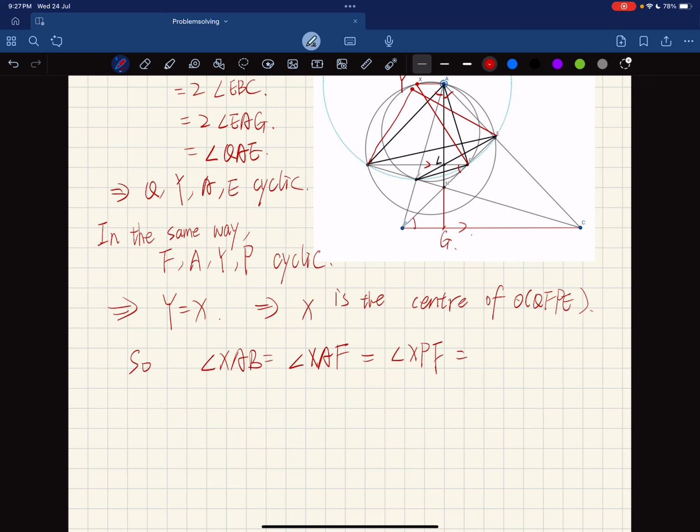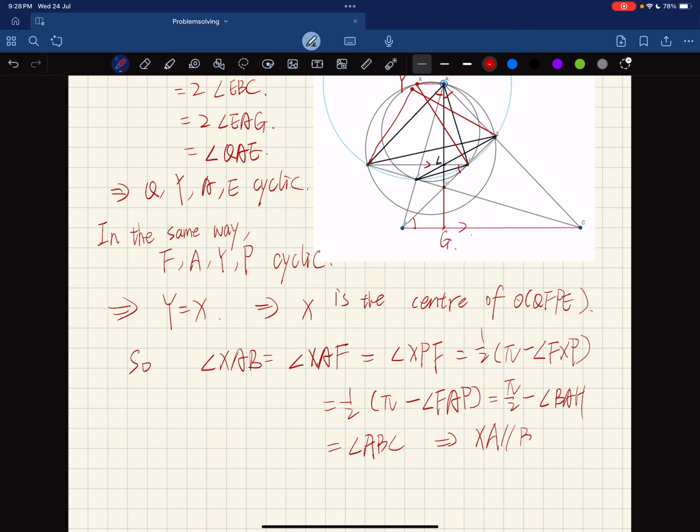XPF equals half of 180 degrees minus FXP, so equals half of 180 degrees minus FAP, equals 90 degrees minus angle BAH, equals angle BAC. So that these two, XA is parallel to BC. So that's the end of the problem.